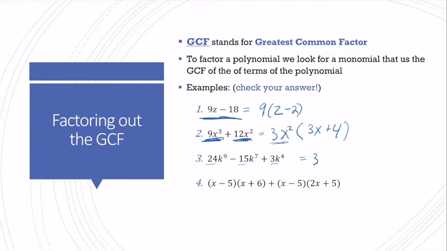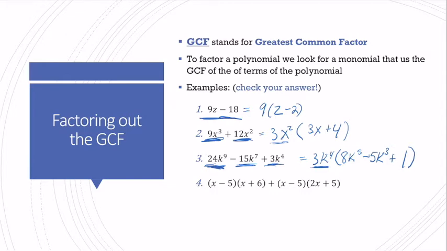And the greatest common factor of k to the 9th, k to the 7th, and k to the 4th is going to be k to the 4th. 3k to the 4th times 8k to the 5th would give me 24k to the 9th. 3k to the 4th times minus 5k cubed would give me negative 15k to the 7th, plus 1 times 3k to the 4th would give me 3k to the 4th.